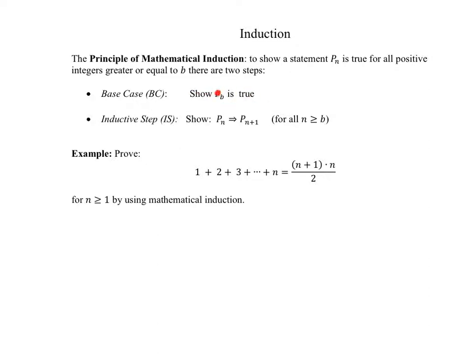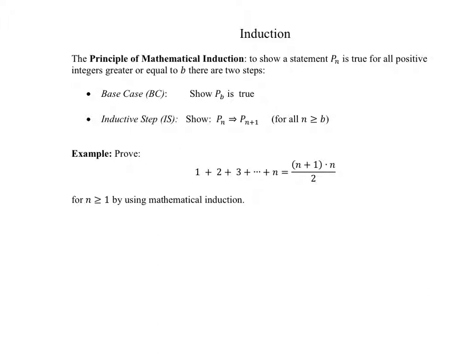P is my statement, and the subscript B is saying I'm going to start at B. The integer B is the smallest case scenario. So for this example below, the B is determined by n being bigger than or equal to 1. 1 is the smallest case scenario that I need to look at.